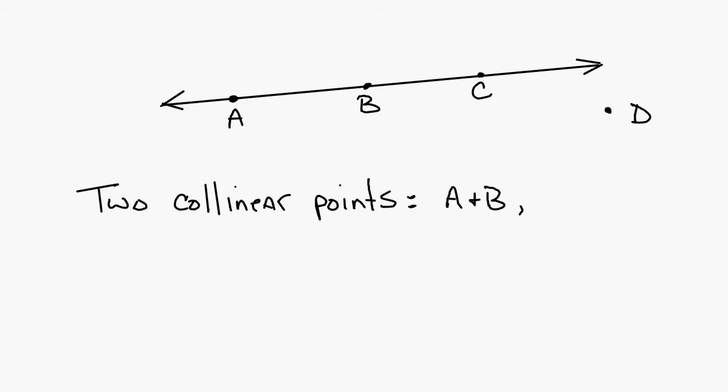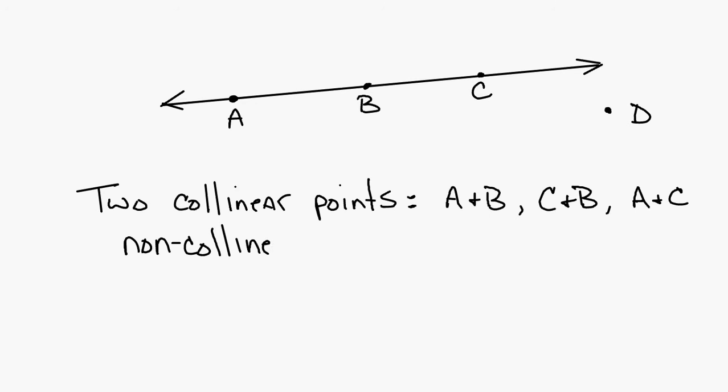Another pair of collinear points. C and B, good. And one more pair of collinear points. A and C, good. A pair of non-collinear points.